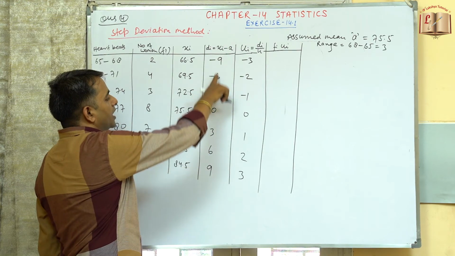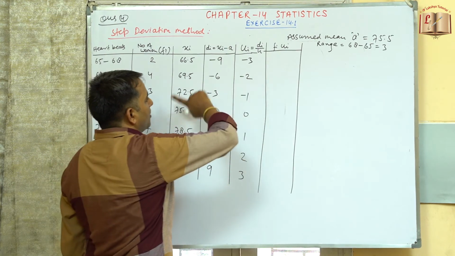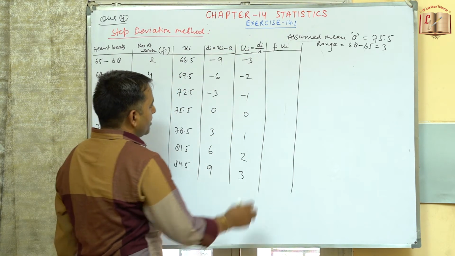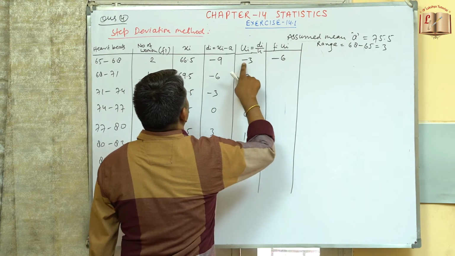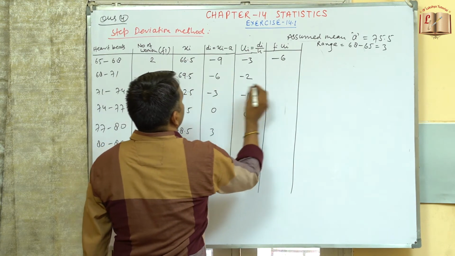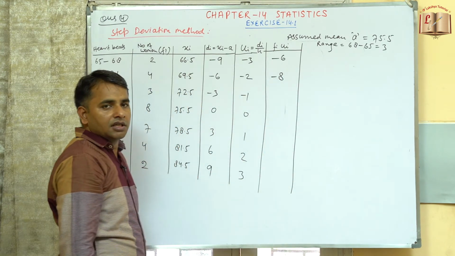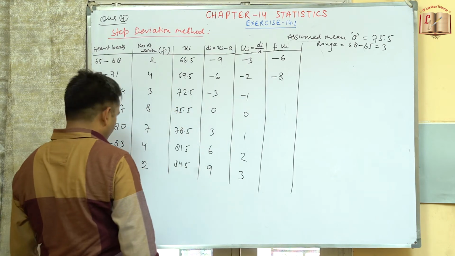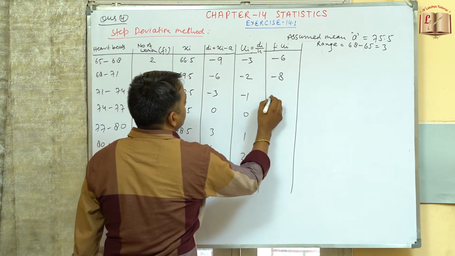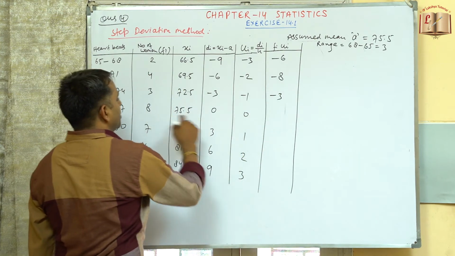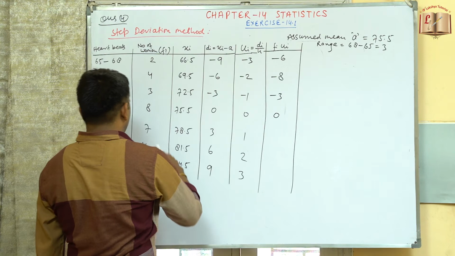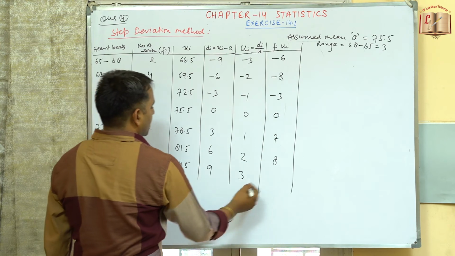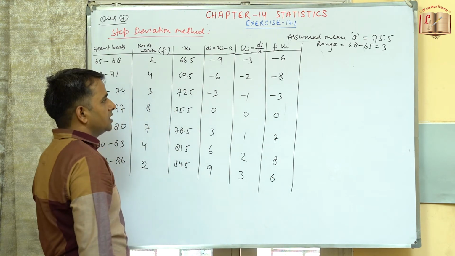All the values of di I have divided by 3 and kept. Now let's multiply ui and Fi. So first one it will be minus 6, then this will be minus 8, multiplication of minus 2 and 4, and next one would be from this to this will be minus 3, then 0 into 8 will be 0, and 1 into 7 will be 7, then 2 into 4 will be 8, and 3 into 2 will be 6.